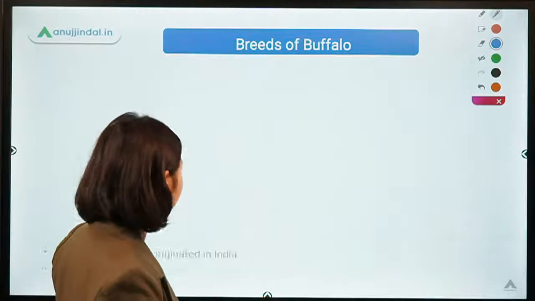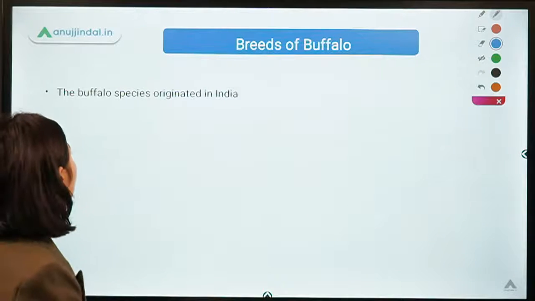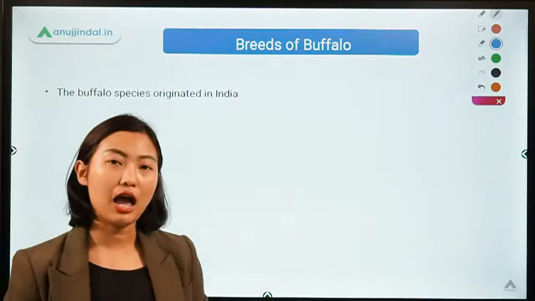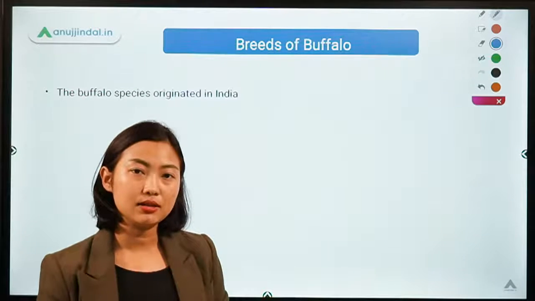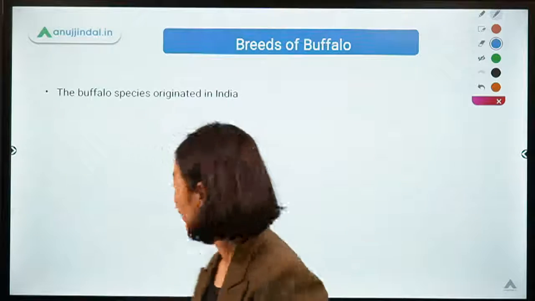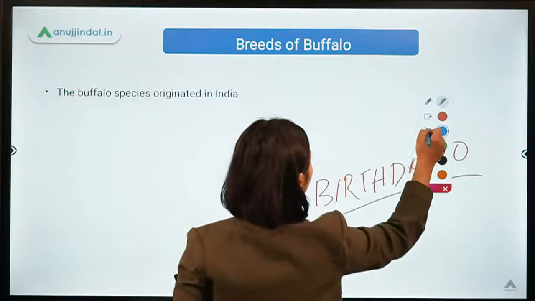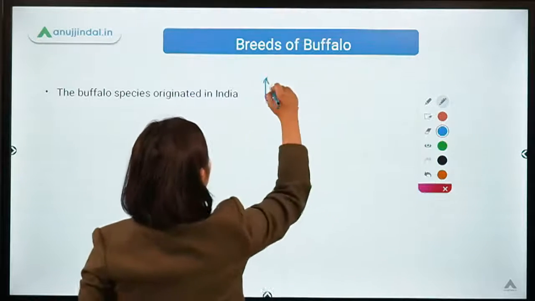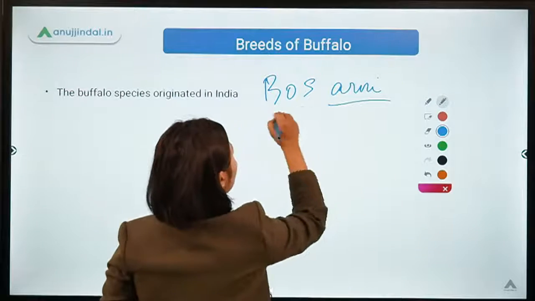All right, and the first thing that you guys need to learn here is that these buffalo species have originated from India itself. It is a descendant of the scientific term Bos arnee.